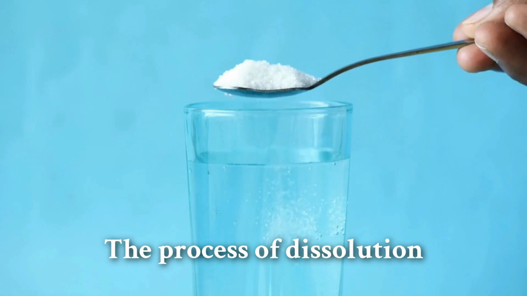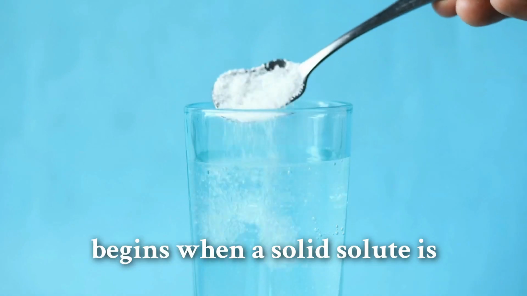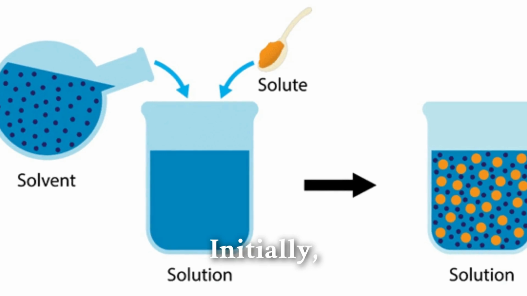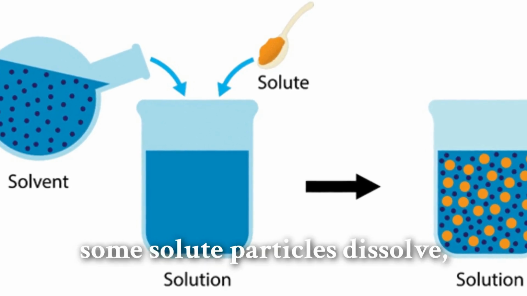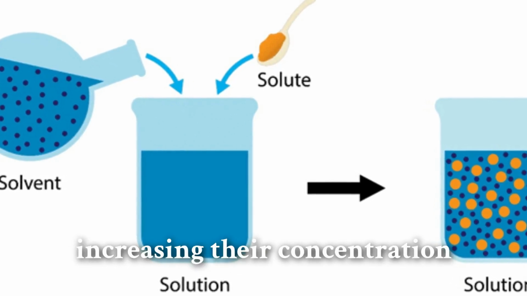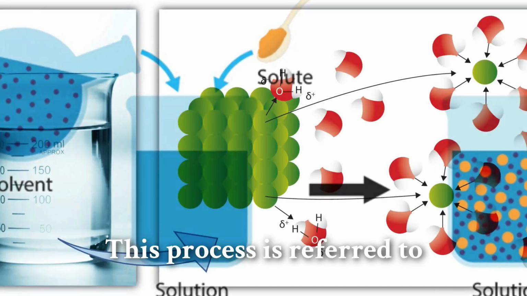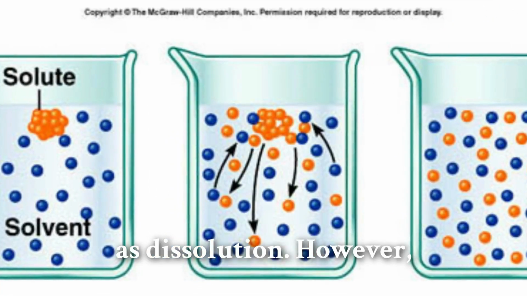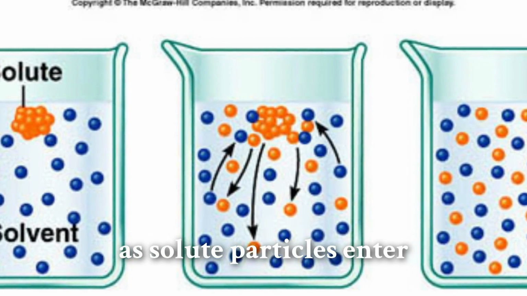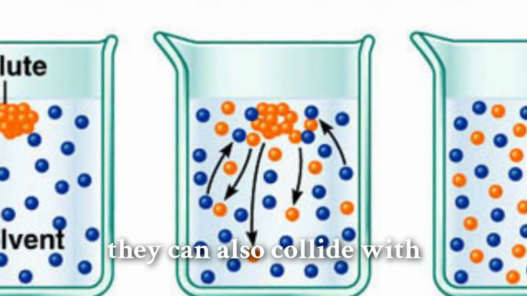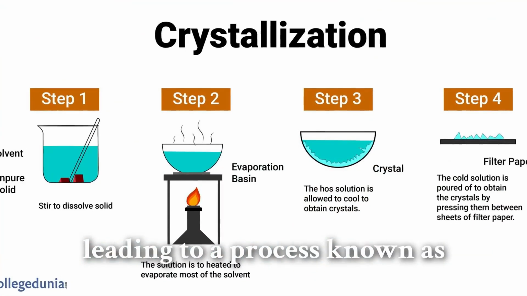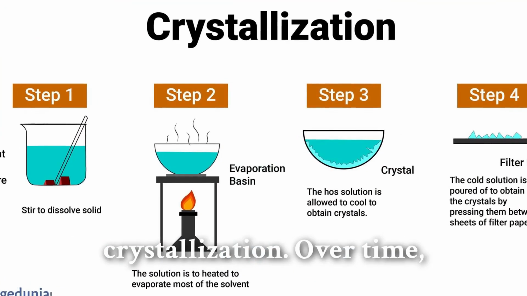The process of dissolution begins when a solid solute is introduced into a solvent. Initially, some solute particles dissolve, increasing their concentration in the solution. This process is referred to as dissolution. However, as solute particles enter the solution, they can also collide with solid solute particles, leading to a process known as crystallization.